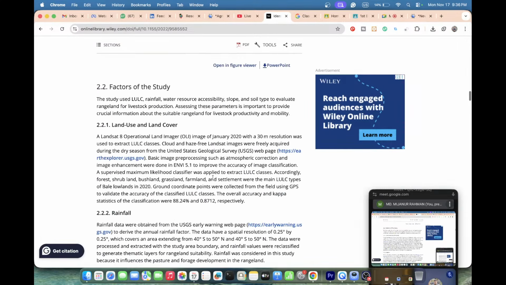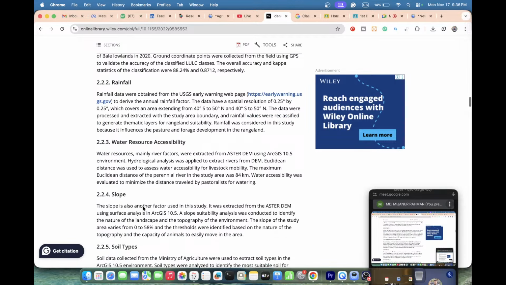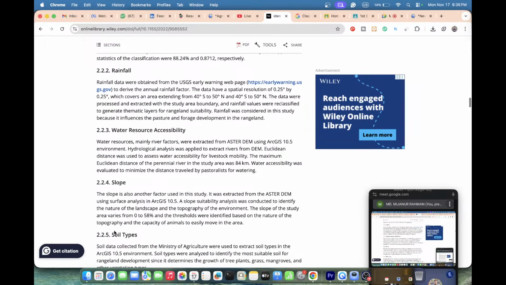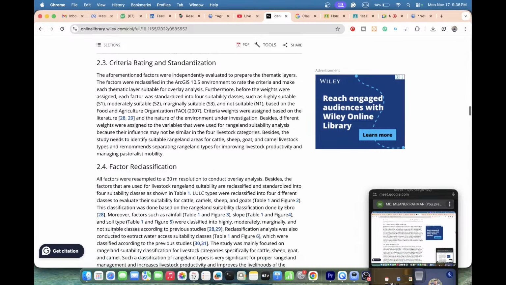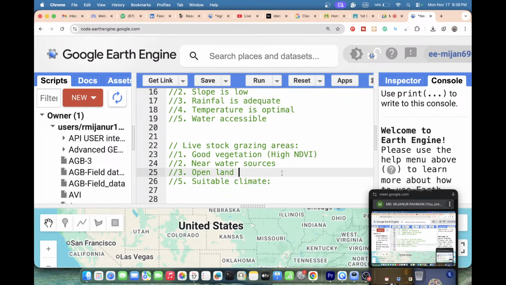It also adds more factors: rainfall, water resource accessibility, slope, then soil types. This type of factor is used to identify which place is more suitable for a livestock grazing area. So this is the example for the livestock grazing area.